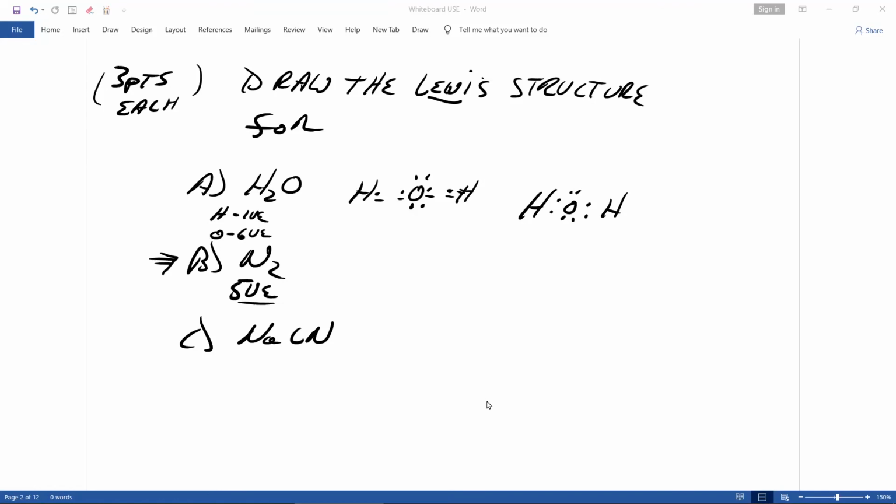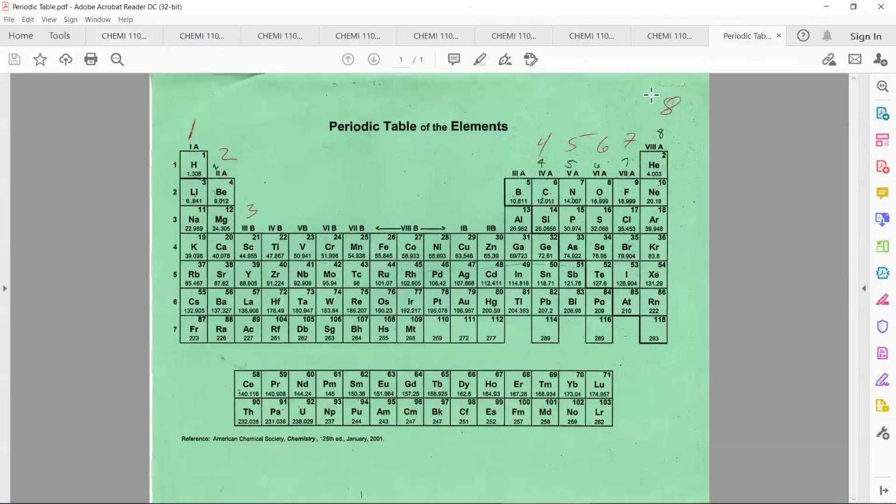Let me open it up real quick. If you look at the numbers in red, those are the valence electrons. Oxygen 6, nitrogen 5, hydrogen 1. And that's how you find them.